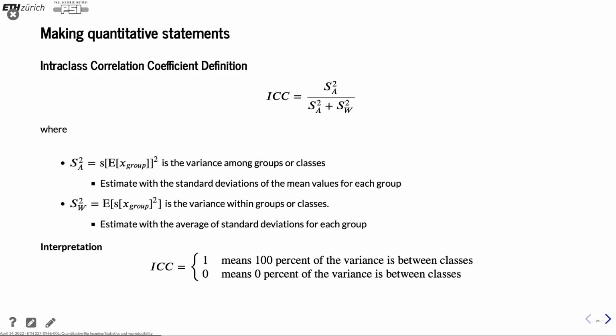So now I just used qualitative words, but it can actually be quantified using the intra-class correlation coefficient. And that is the ratio between the standard deviation of the averages of each group divided by the sum of the standard deviation of the averages plus the average of the standard deviations.